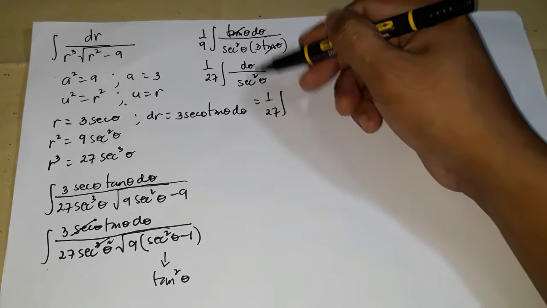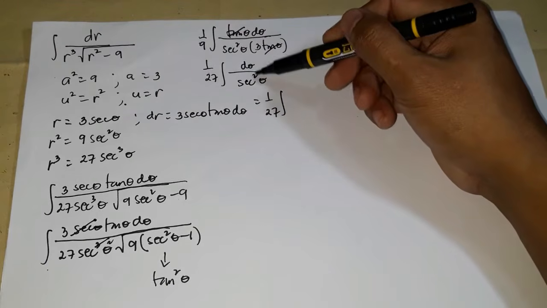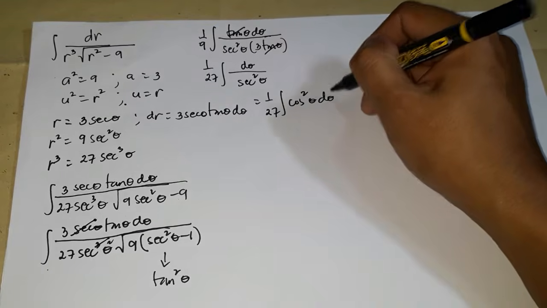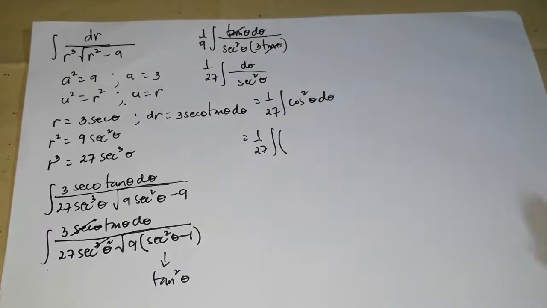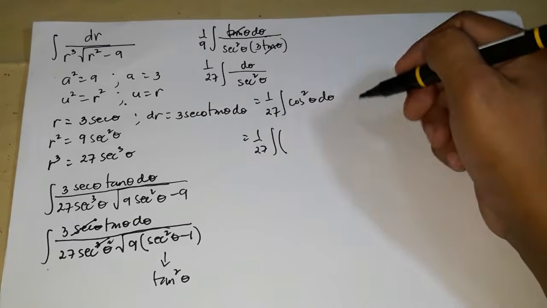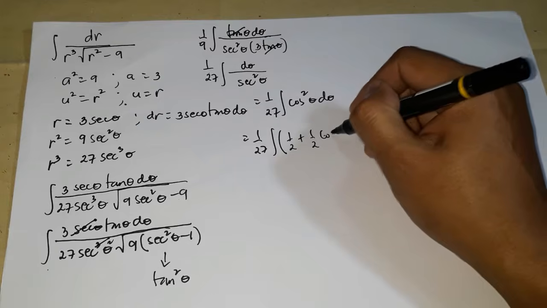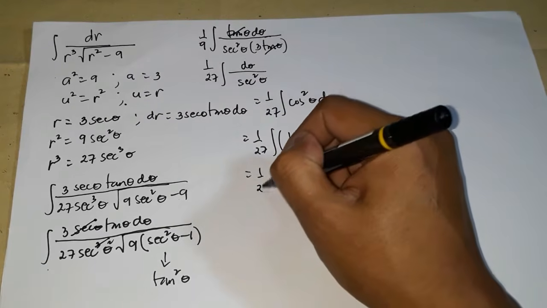And then this can now be equal to 1 over 27 times the integral of 1 over secant, which is cosine, which means 1 over secant squared theta is cosine squared theta d theta. To integrate, we can use the identity for cosine squared theta, which is 1/2 plus 1/2 cosine 2 theta d theta. And then we are now ready to integrate.